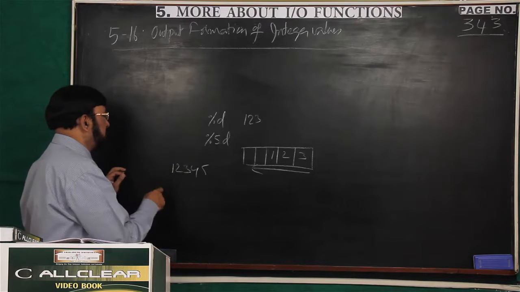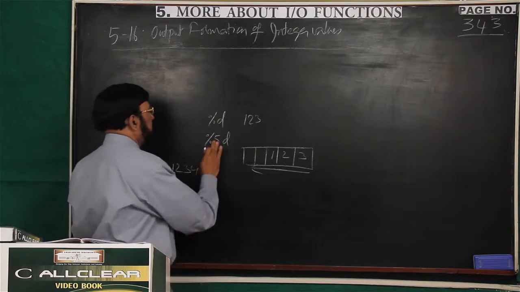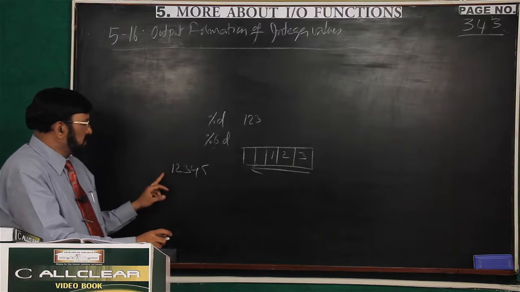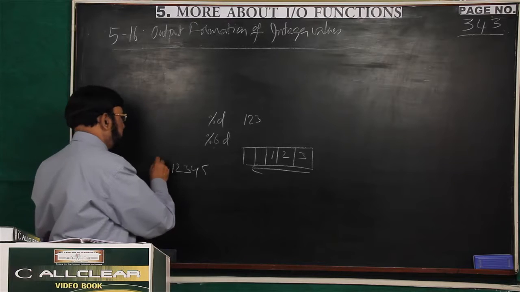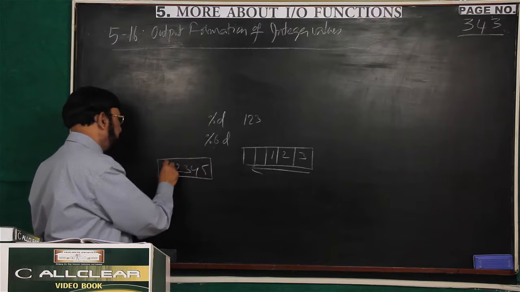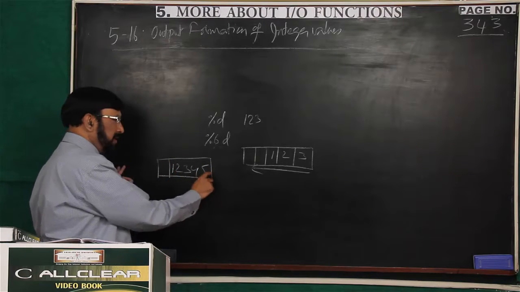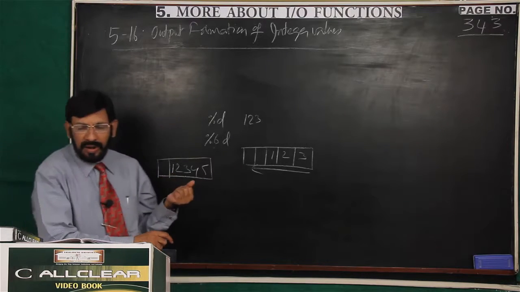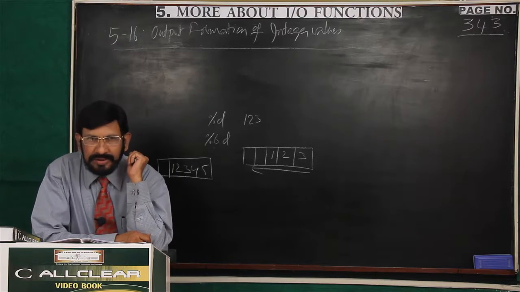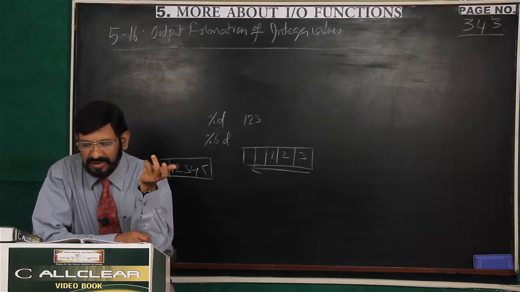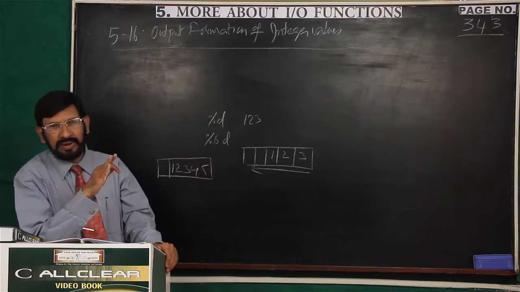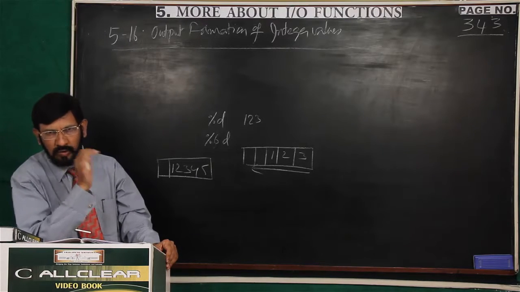Then for the 6th digit, if you write width 6, then it is meaningful. 6 means, what do you mean? Reserve 6 spaces for my data and print the number with the right justification. That is the meaning. Because you have written 3, it is meaningless. Your 5-digit number 12,345 is never condensed to 3 digits or 4 digits.